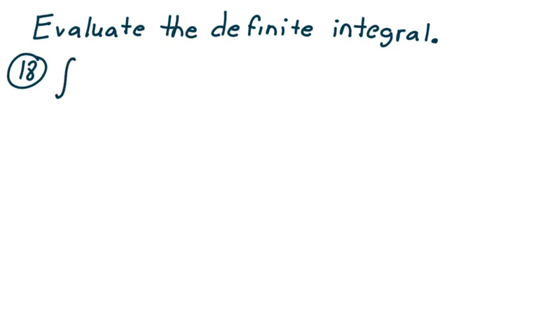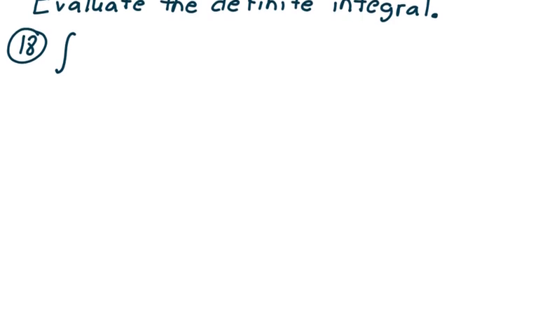Suppose I had the integral of, and we will do this one. Let's see if we can try that again. Hold on. The screen slid up a little bit, so I want to just try that again. The directions say to evaluate the definite integral.